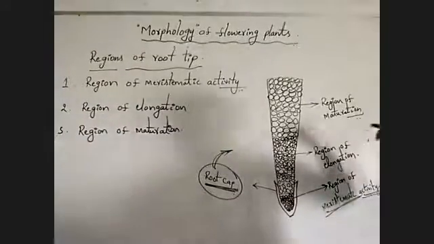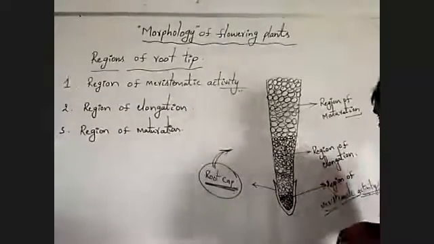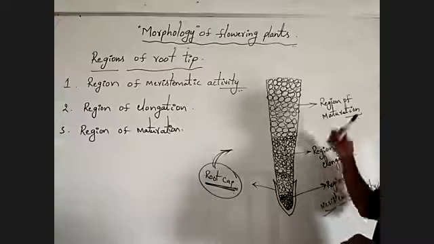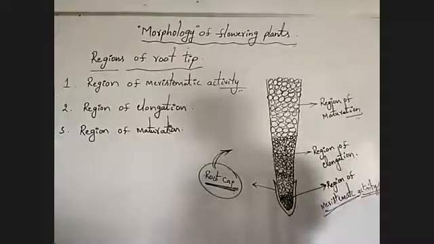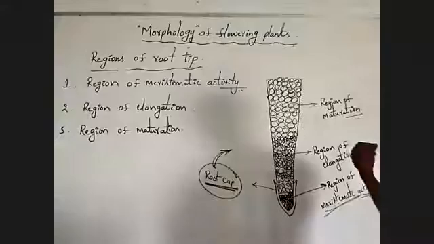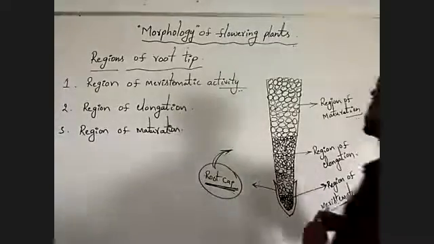These are three important regions of the root: region of meristematic activity, region of elongation, region of maturation. Now here you have to know an important point.